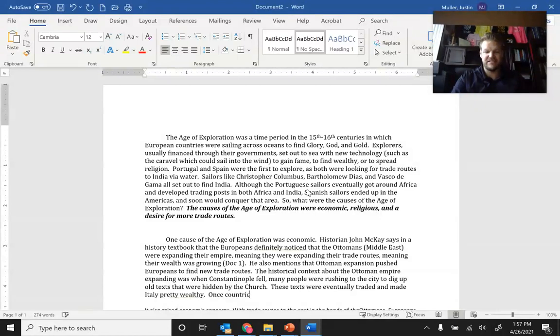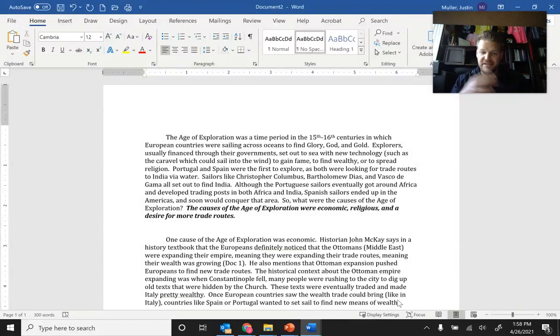Once European countries saw the wealth trade could bring, like in Italy, countries like Spain and Portugal wanted to set sail to find new means of wealth. Okay, something like that. So I just gave a historical context around that whole paragraph.